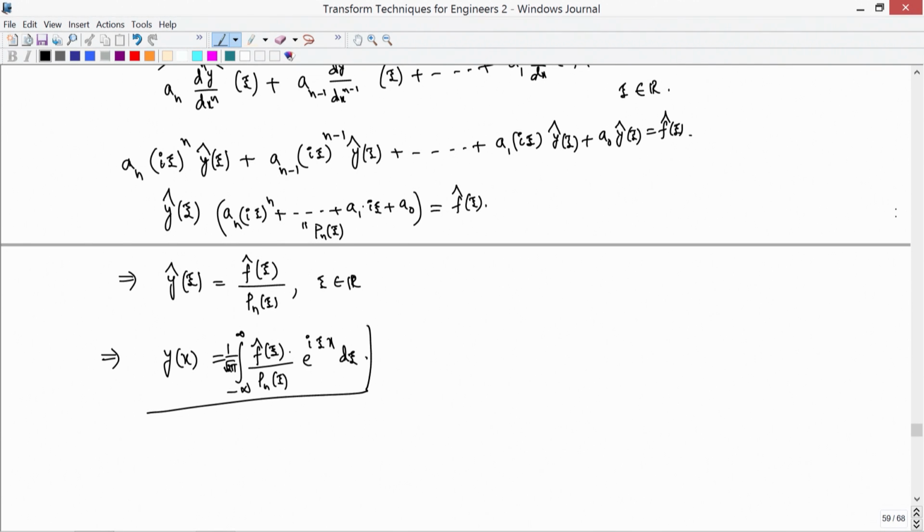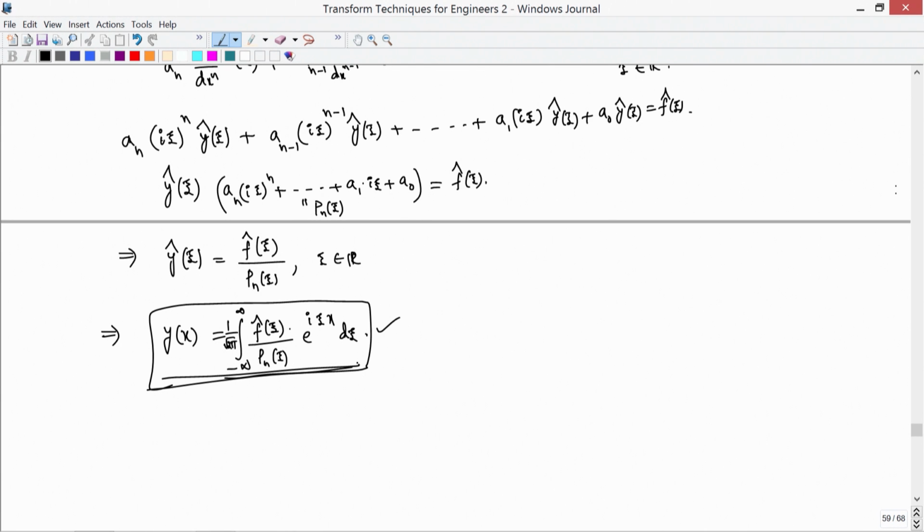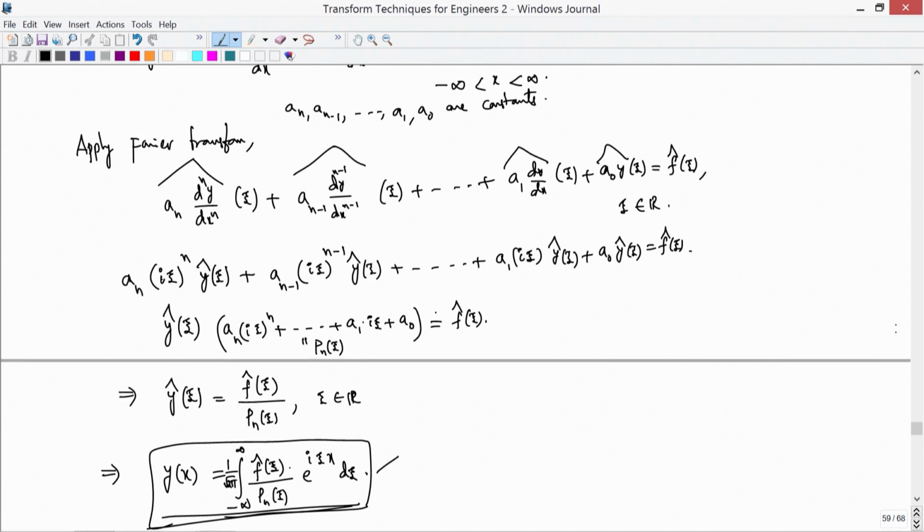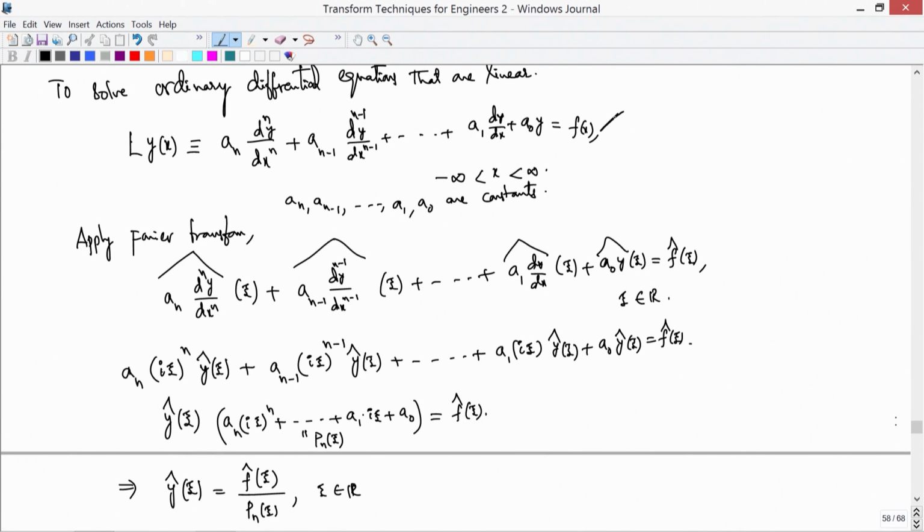So, this is exactly your solution. If you can evaluate this nicely, that is what you will get as a solution. So, this is the general procedure to find the solution of this equation. Okay.